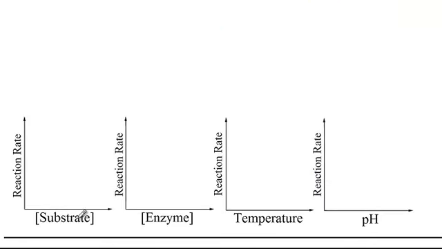enzymatic reaction rate. So here, as we add more substrate, the reaction rate will continue to increase until all the enzymes are saturated. Here we've reached a saturated point, and this is the Vmax, the maximum rate of a reaction, because all enzymes are saturated.